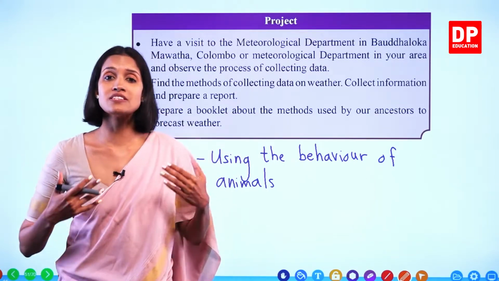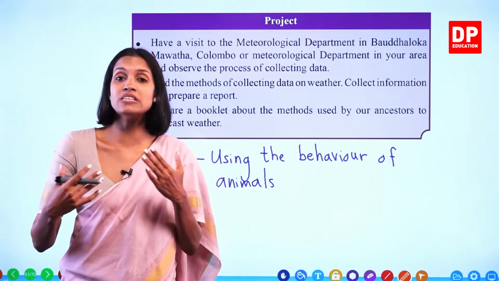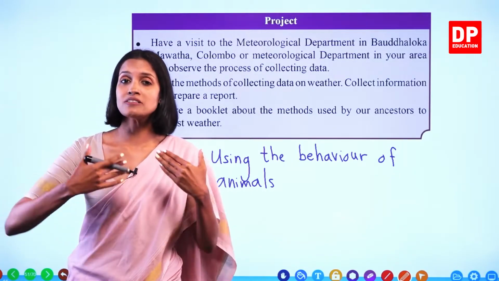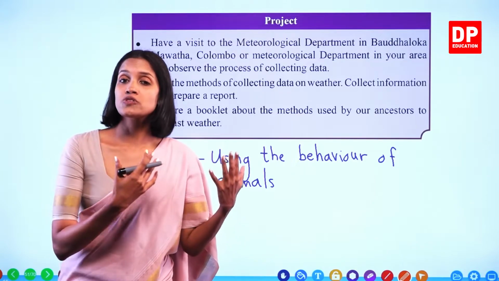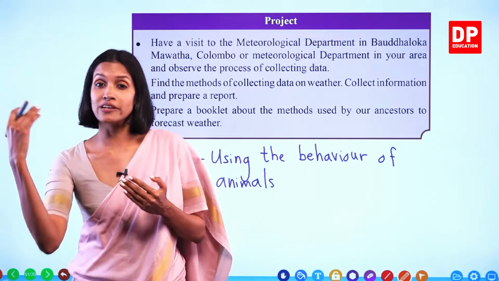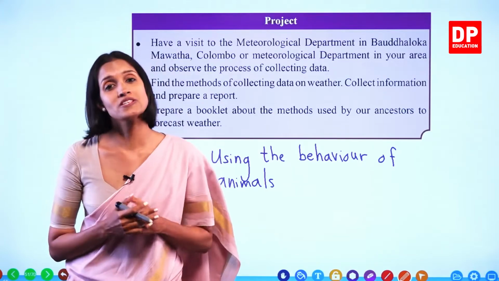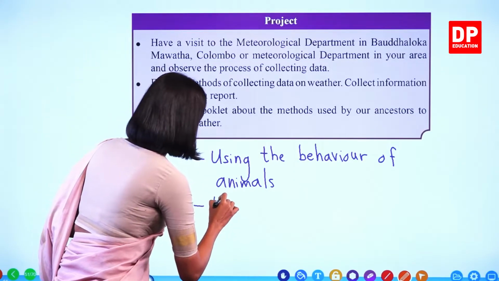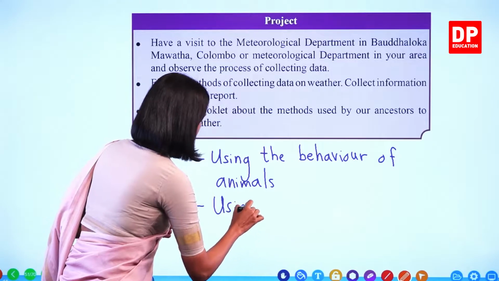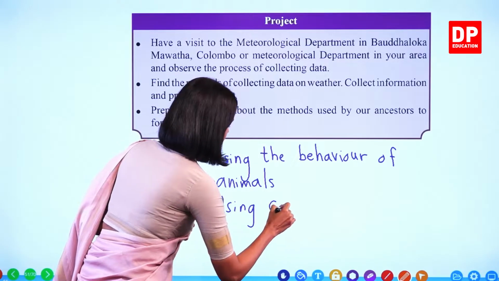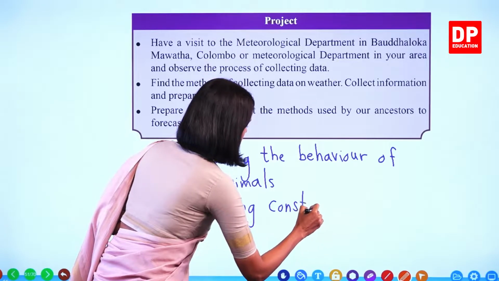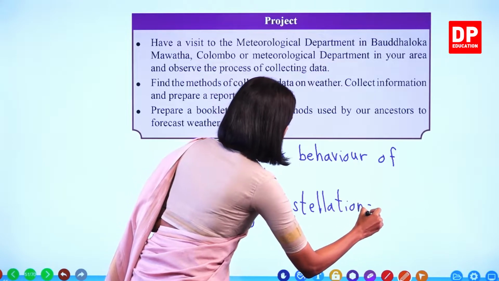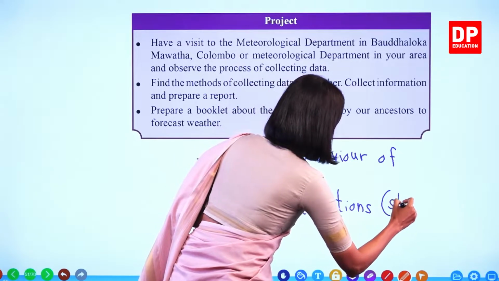Some of these star patterns are visible only during certain seasons, right? So when certain star patterns appeared, the ancestors, those ancient people, knew that this is the rainy season, this is the drought season, likewise. Okay, children? So using constellations, or star patterns.